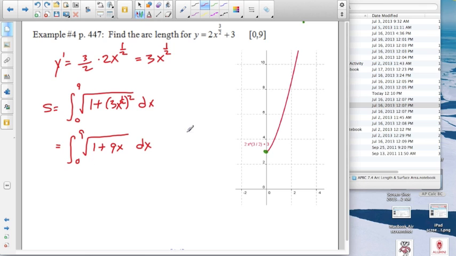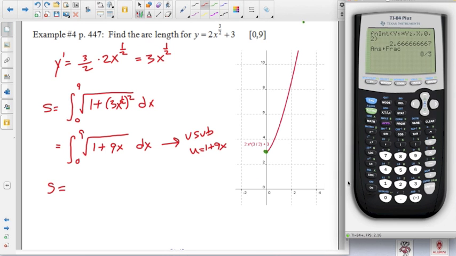And really, we could integrate that using a u-sub, by letting u equal 1 plus 9x. That is definitely possible, although for the purposes here, I'm just going to go ahead and use fnInt to integrate this.